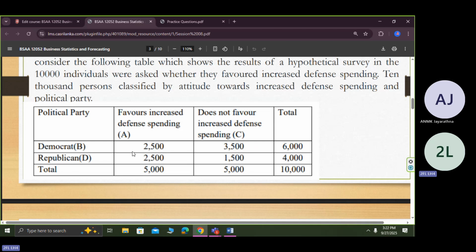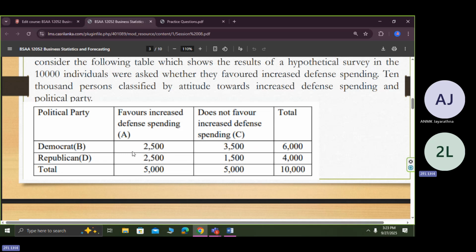Then how do we write the probability? How many total respondents are there? The total number of respondents is 10,000. Out of the 10,000, 2,500 respondents are Democrats who favor increased defense spending. Understood? This we call joint probability.